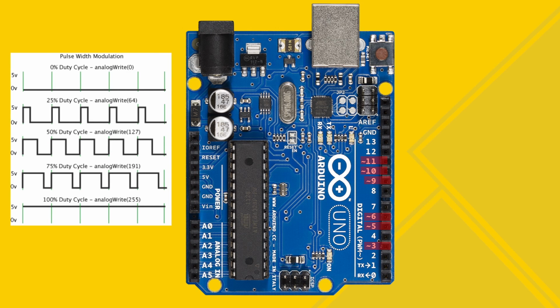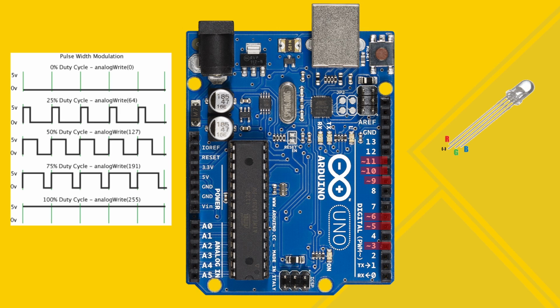So for instance, if you want to control an RGB LED, in order to produce a color, you have to set different voltages on the 3 different pins, on the red, green and blue.